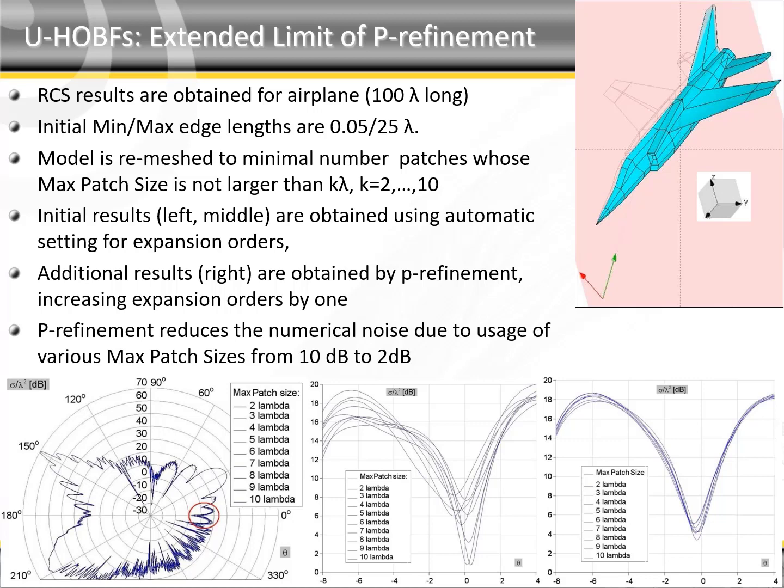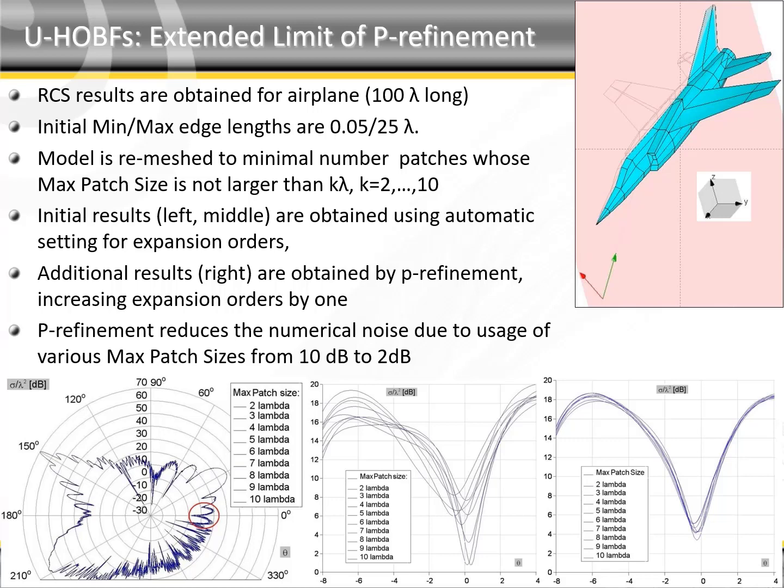Model is remeshed to minimal number of patches, whose maximum patch size is not larger than k wavelengths, where k goes from 2 to 10. Initial results, shown on the left and in the middle, are obtained using automatic setting for expansion orders. Additional results, shown on the right, are obtained by p-refinement, increasing expansion orders by 1.